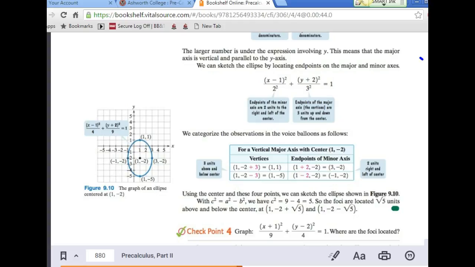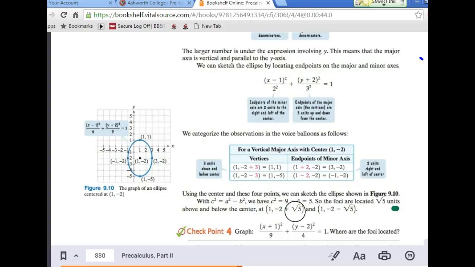So remember that, again, because the foci are on the main axis, and the main axis happens to be up and down this time, it means you're going to add this to your y value. So remember, the center is at 1, negative 2. If I now add the square root of 5 and minus the square root of 5, because that's what the square root of 5 is, plus or minus, then I get 1, negative 2 plus the square root of 5, and I get 1, negative 2 minus the square root of 5.